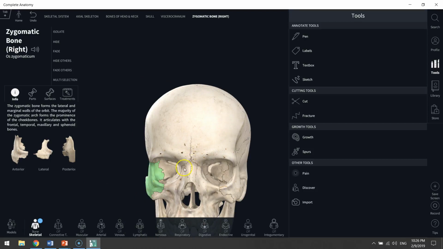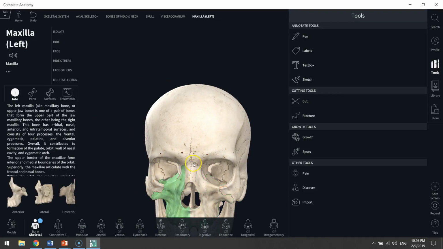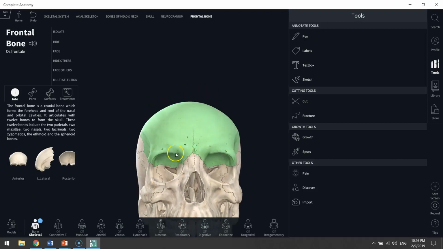Superficially, anteriorly, it articulates with the facial bones, the nasal bones and the maxillary bones. The glabella is seen as a prominent depression between the eyebrows. The frontal bone forms the superior ridges of the orbit and also the roof of the orbit.